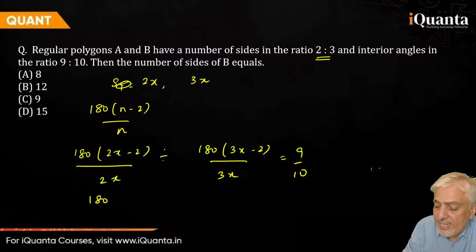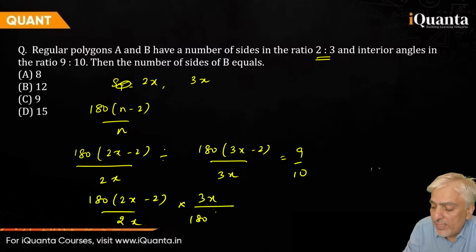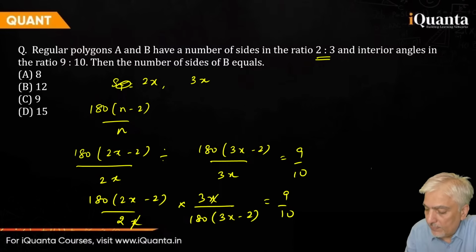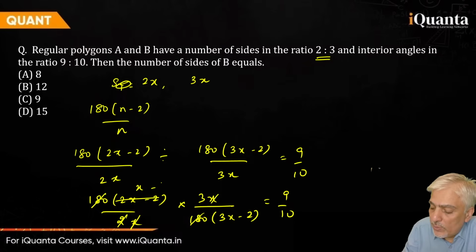So 180 into 2x minus 2 upon 2x multiplied by 3x upon 180 into 3x minus 2 is 9 upon 10. x cuts. 180 cuts. 2 cuts over here, so x minus 1. 3 ones are 3, 3s are cut.